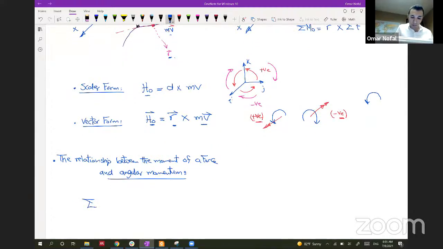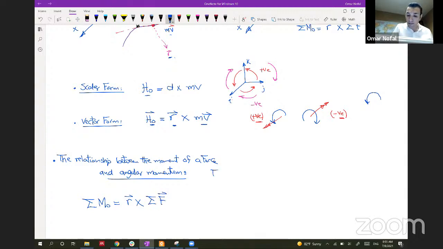The moment of a force is equal to R cross product with F, or we can make it the sum if we have multiple forces, so the sum of all the forces.